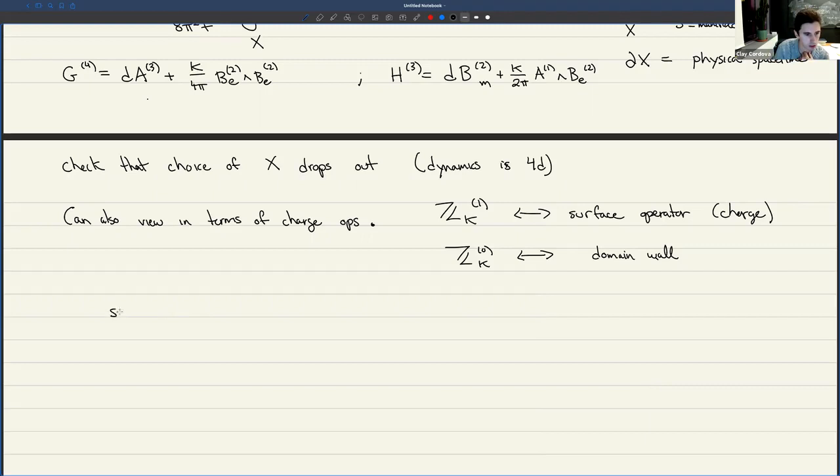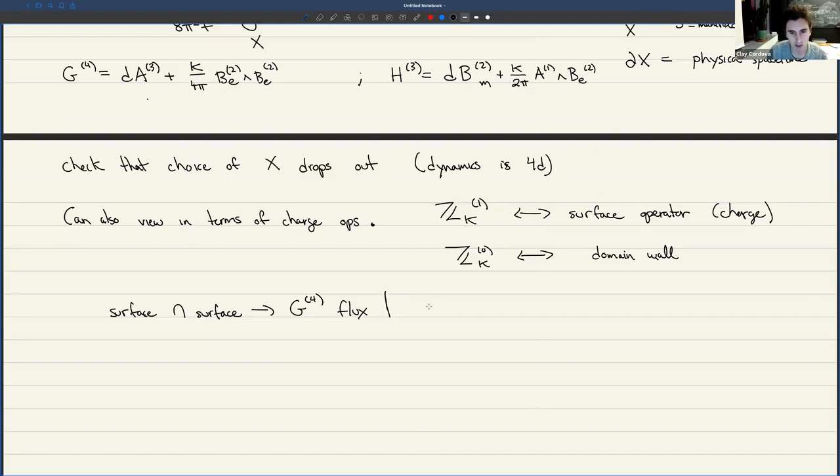So if you take a surface and you intersect it with another surface, here I'm talking about these ZK1 one-form surfaces, what you'll find, according to the formula, is that at the intersection points, there will be G4 flux. So that's a kind of operator product expansion rule. So you have these two electric one-form symmetry surfaces, you intersect them, and at their intersection points is some gauge invariant flux.